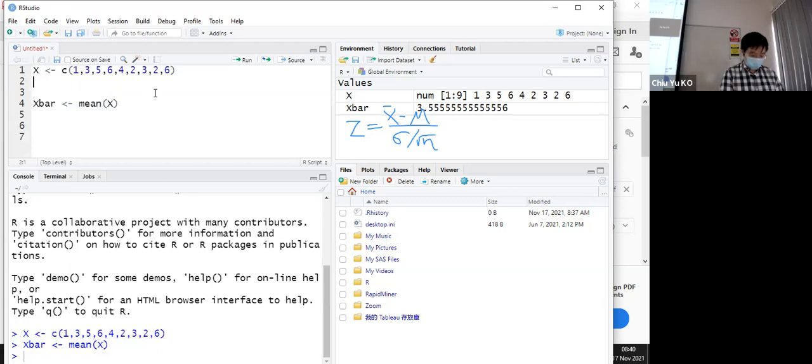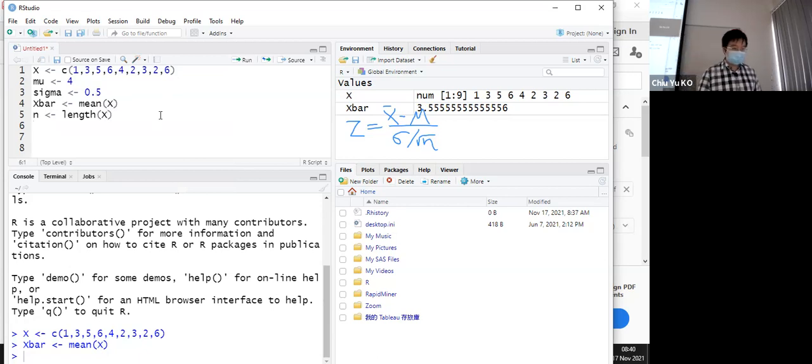Let's say we want to test mu equal to 4. Sigma is also given when you do a Z test, maybe just 0.5, something we think is reasonable. And then n is the length of X. So everything is there.